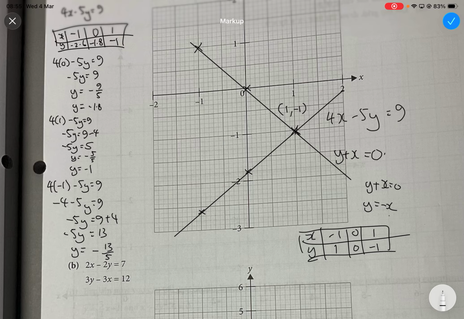Solving simultaneous linear equations using graphical method. Okay? Simultaneous equation means the two equations happen at the same time. Then graphical method means we draw the equation as a line. Then the graph where they meet is the answer, or is the solution.